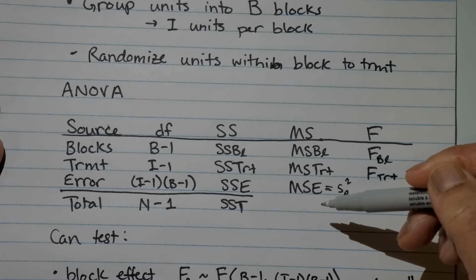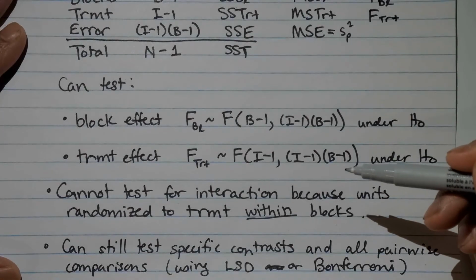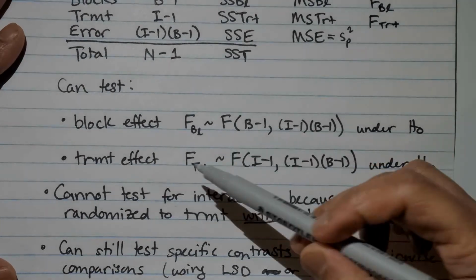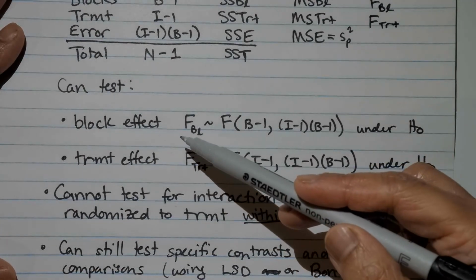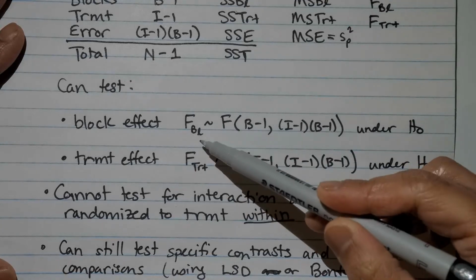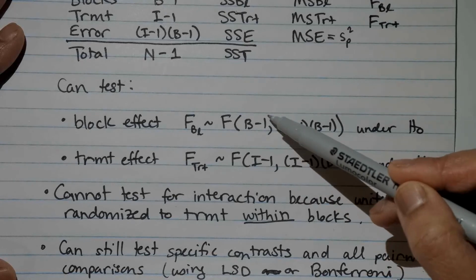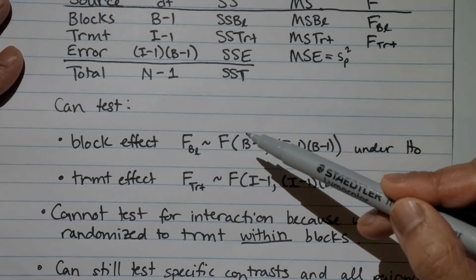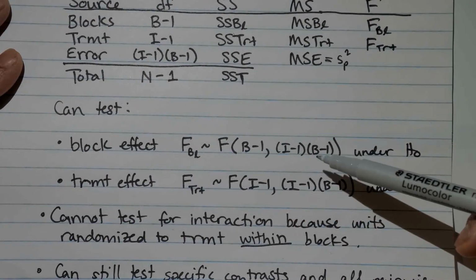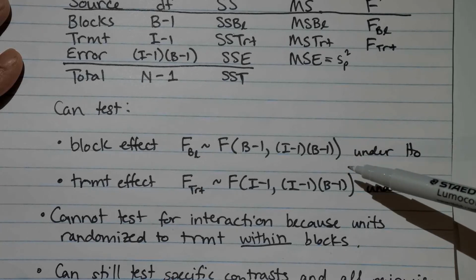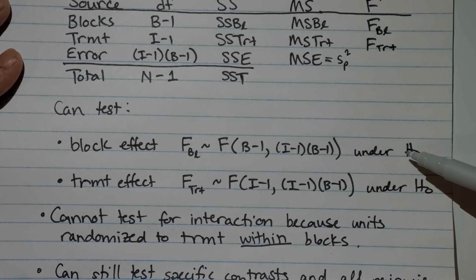So from this ANOVA table, we can test whether there's a block effect, or a main effect due to the block variable. Our test statistic follows an F distribution with B minus 1 numerator degrees of freedom and I minus 1 times B minus 1 denominator degrees of freedom under the null hypothesis.